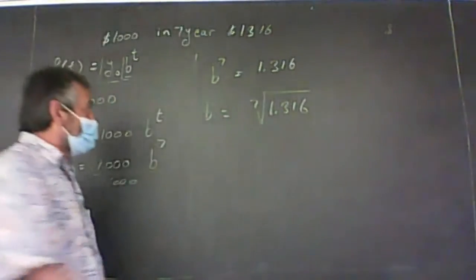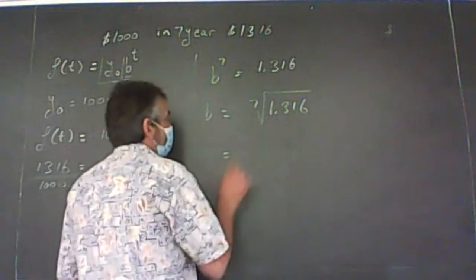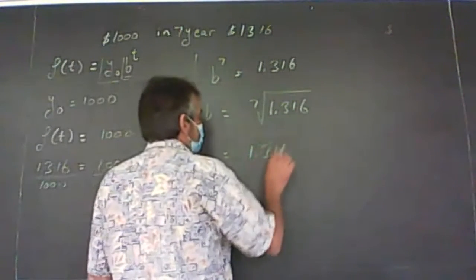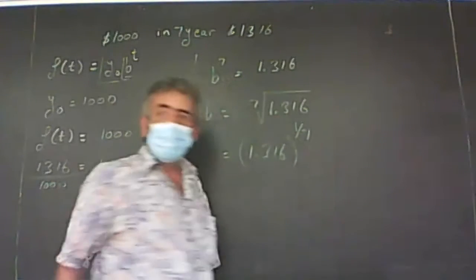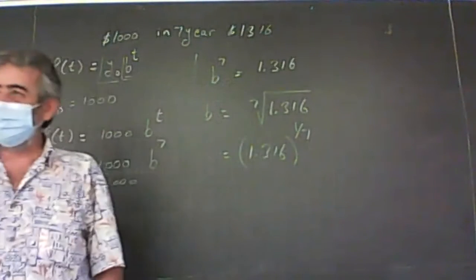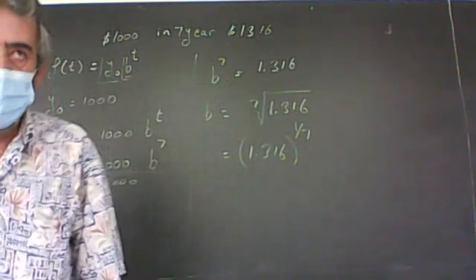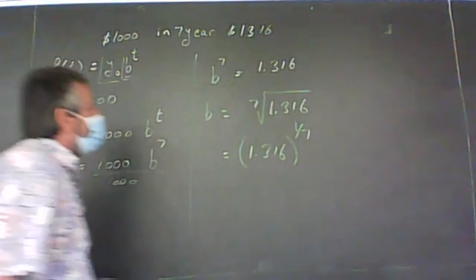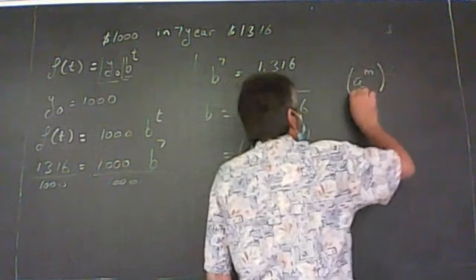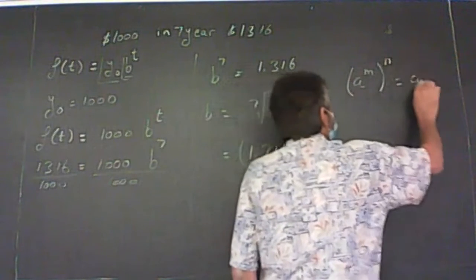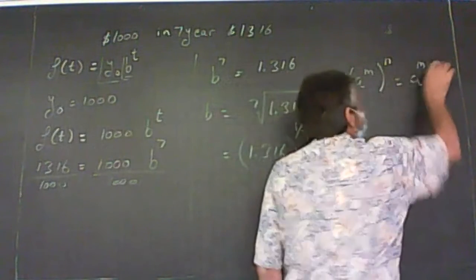The other option is that this is the same thing as 1.316 to the power 1 over 7. Remember, we said if we have a to the power m, to the power n, that would be a to the power m times n.